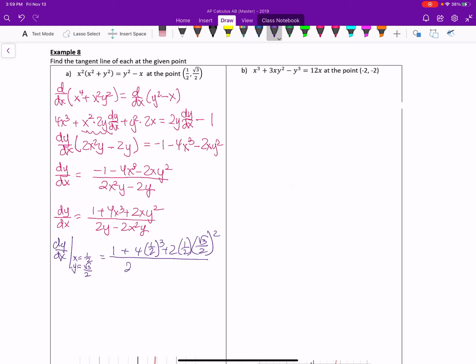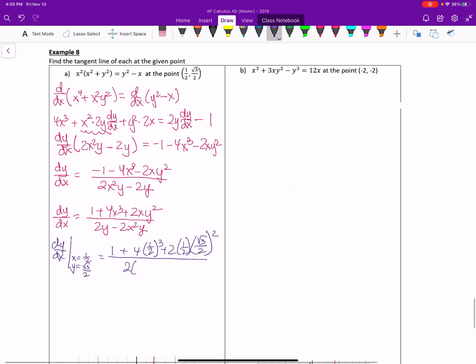And then the denominator, we get 2 times square root of 3 over 2, minus 2 times 1/2 squared times square root of 3 over 2, like that.